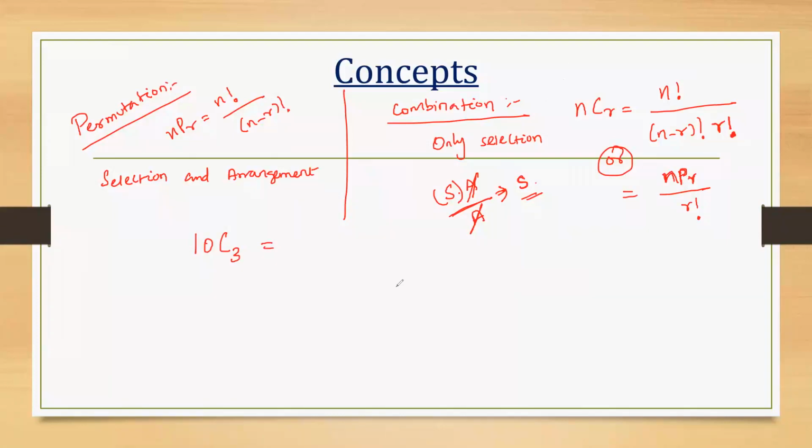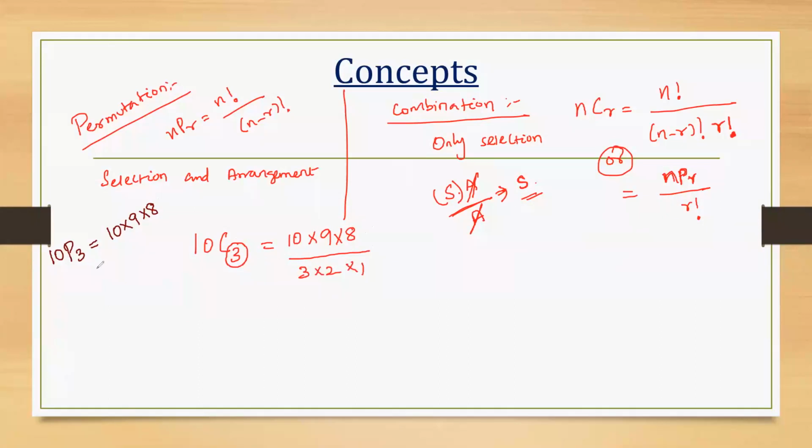10C3, without using the formula. Do you remember how to find 10P3? 10P3 is nothing but from 10, 3 numbers, right? Similarly, for combination, 10C3 is from 10, 3 numbers, divided by the arrangements, divided by r factorial, so 3 into 2 into 1.